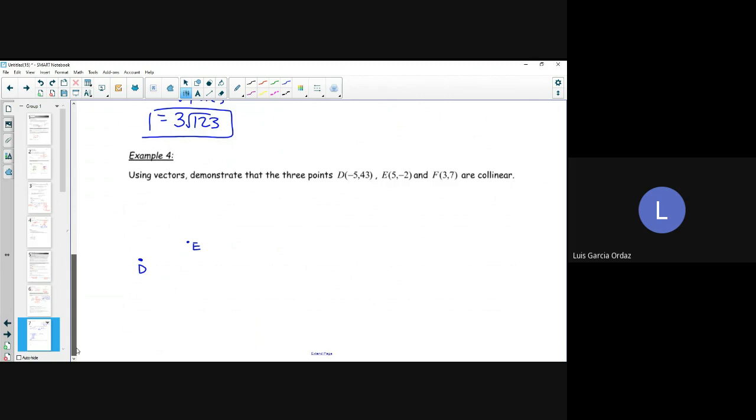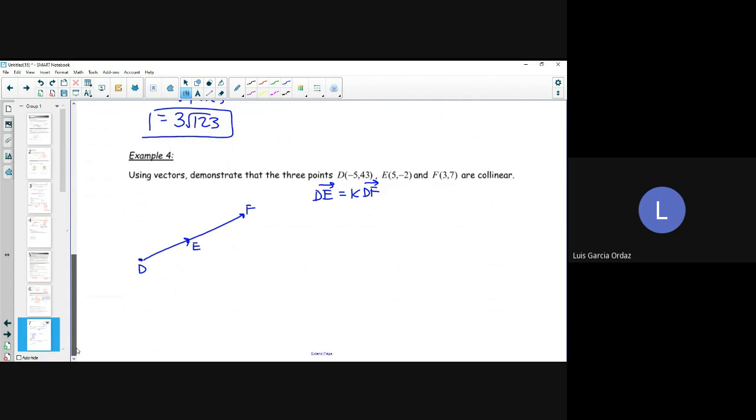And I have my F, which is right here. So in order for me to prove that they're collinear, I need to figure out if DE is equal to a scalar of DF. That's what I need to prove.